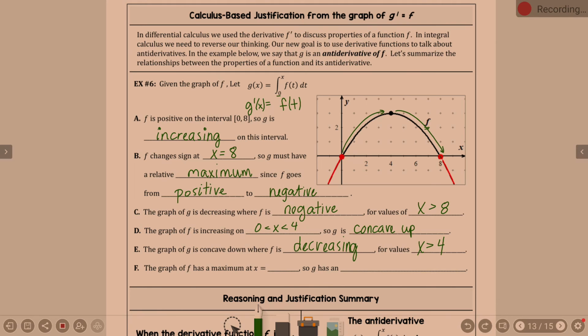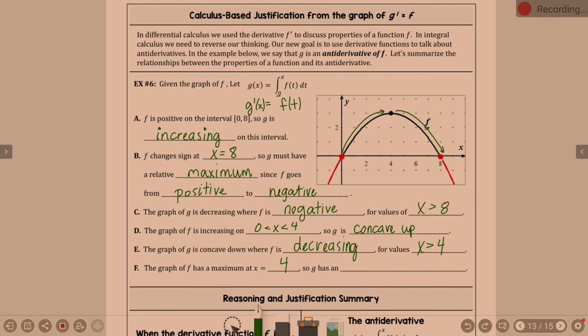And the graph of f has a maximum value at x equals 4. So g has a, what did my graph do at 4? It changed concavity there.